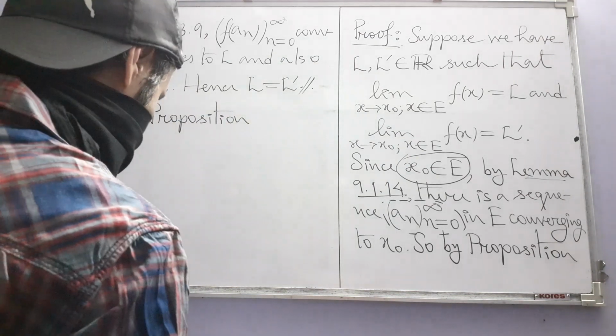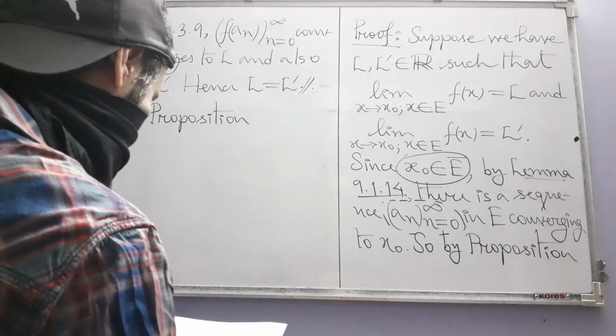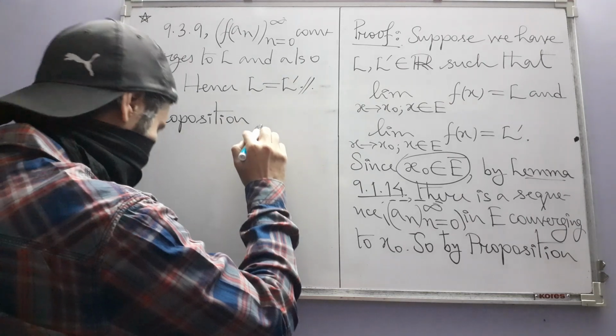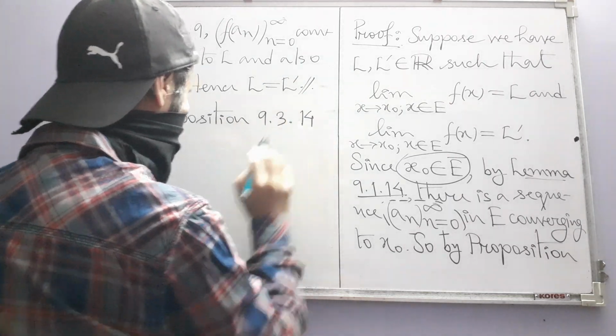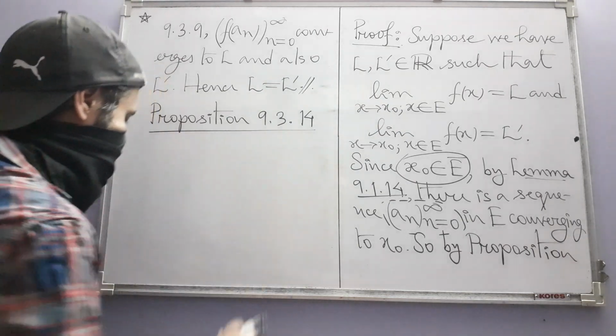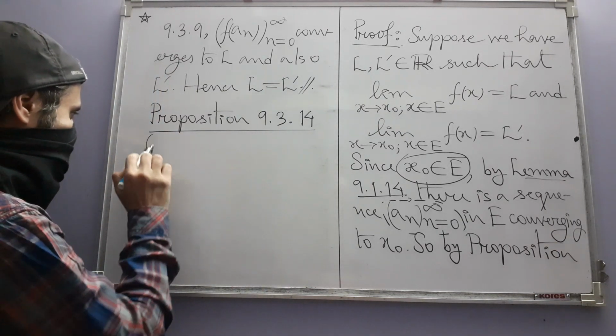Or in other words, it's the algebra of limits, if you want to call it. This is proposition 9.3.14, and the author has named it limit laws for functions simply.